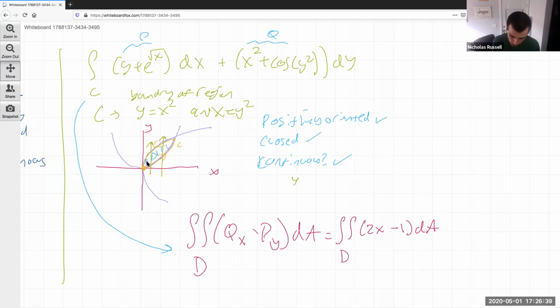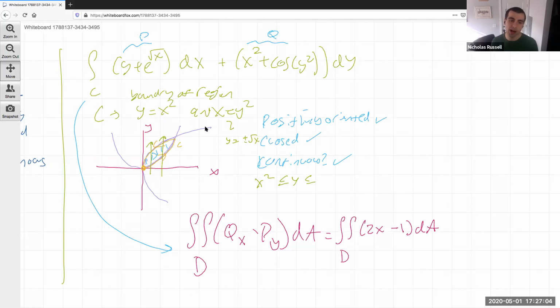If I integrate with respect to y first, the first thing I hit is y equals x squared. So it's going to be below. And then I'm always exiting from the region x equals y squared. If I'm exiting from x equals y squared, I need to have this as y equals a function of x. We can do this by saying y is equal to plus or minus the square root of x.